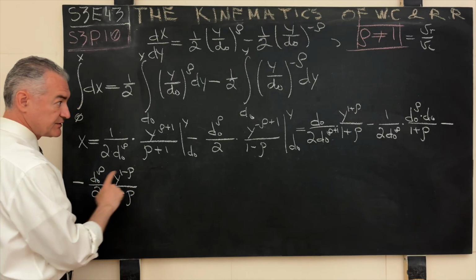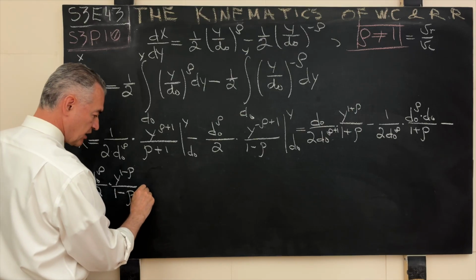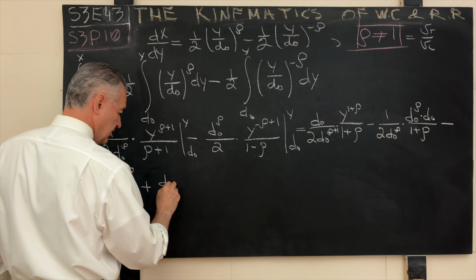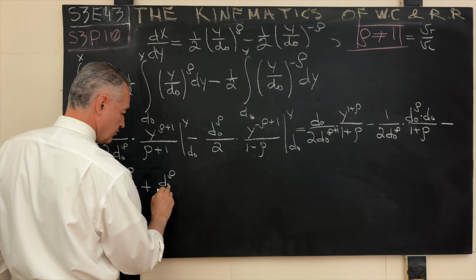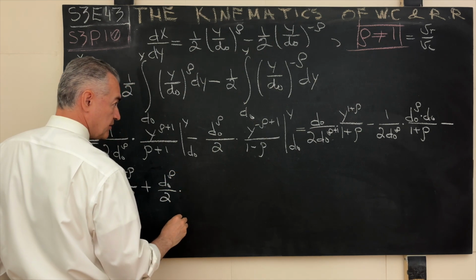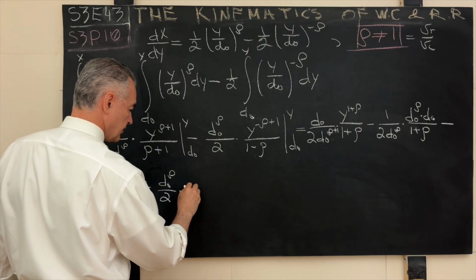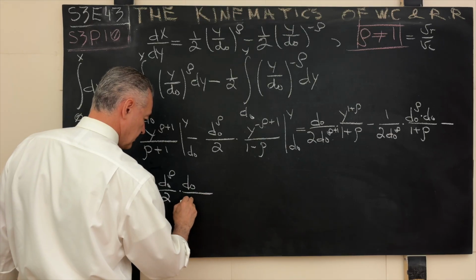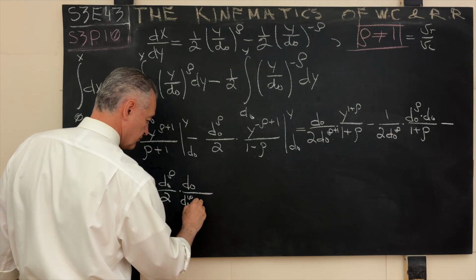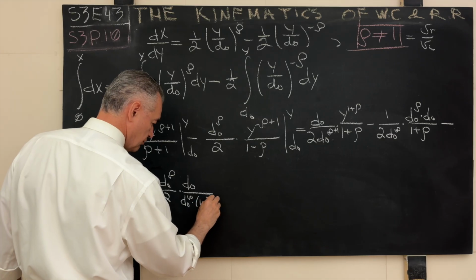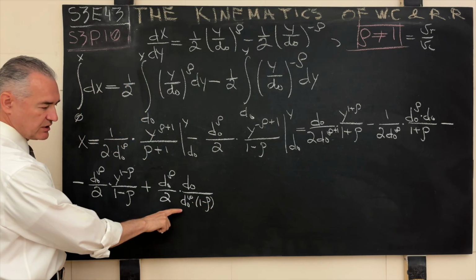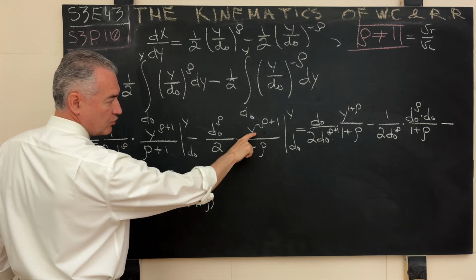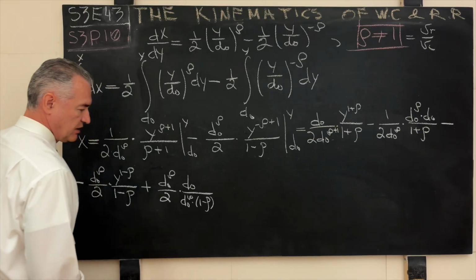Now here we have minus, remember, don't forget minus, so the second term becomes plus, correctly. So now we have d0 raised to the power of rho divided by 2 times d0 divided by d0 raised to the power of rho times 1 minus rho. That maneuver is understood, right? This is d0 raised to the power of 1 minus rho because we replace y with d0. And what do we see?